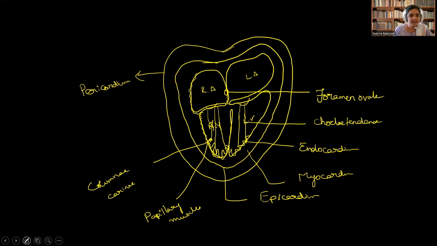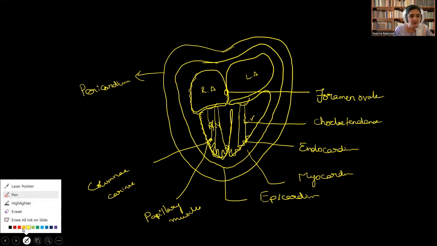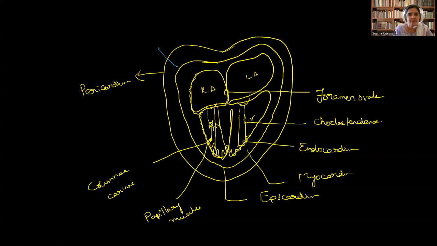Now let us draw our arteries and veins. We know this is the superior vena cava, and this is our inferior vena cava.